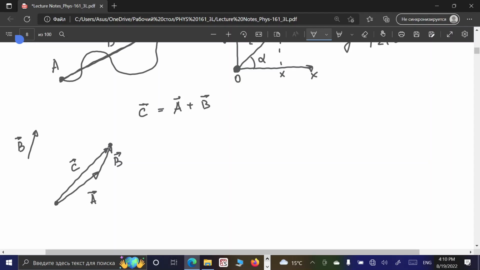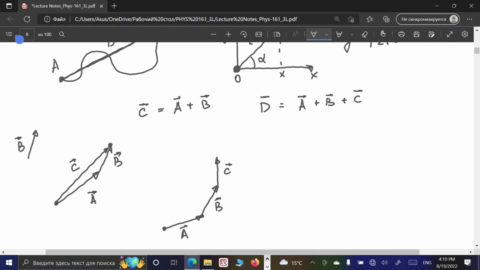If, for instance, we have multiple vectors, so let's say we have some vector d as the sum of vectors a, b, and c, then we do the same procedure step by step. Here is our vector a, then we align vector b so its origin is at the end of vector a, and the same we do for vector c.